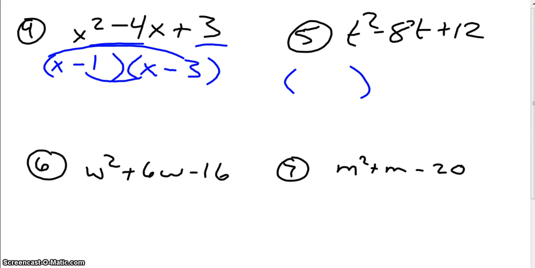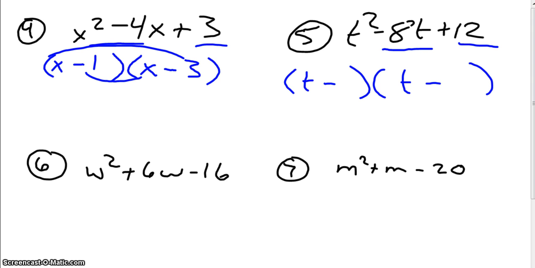Okay. How about this set here? Vivian, what will the first terms be? Okay, and then we have a positive C, but a negative middle. So what does that mean for the factors of C? Both be negative. Good, both be negative.